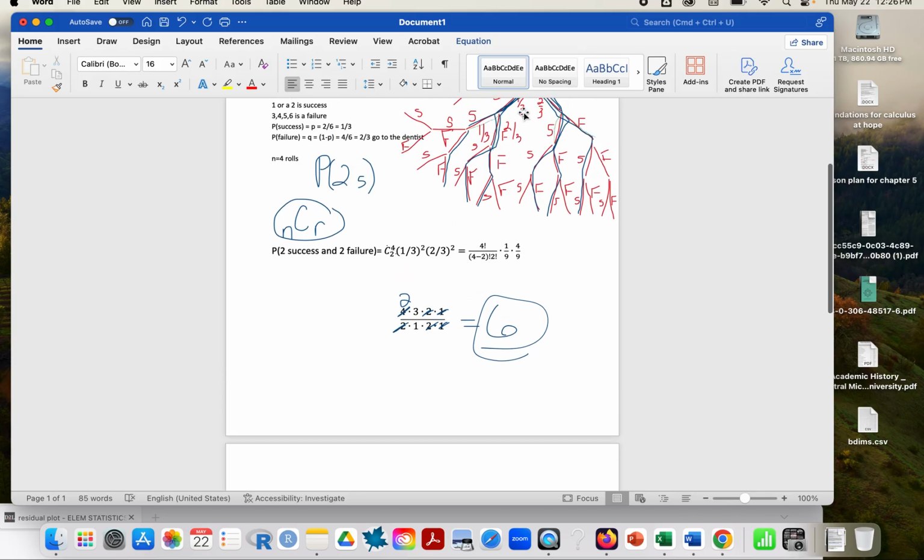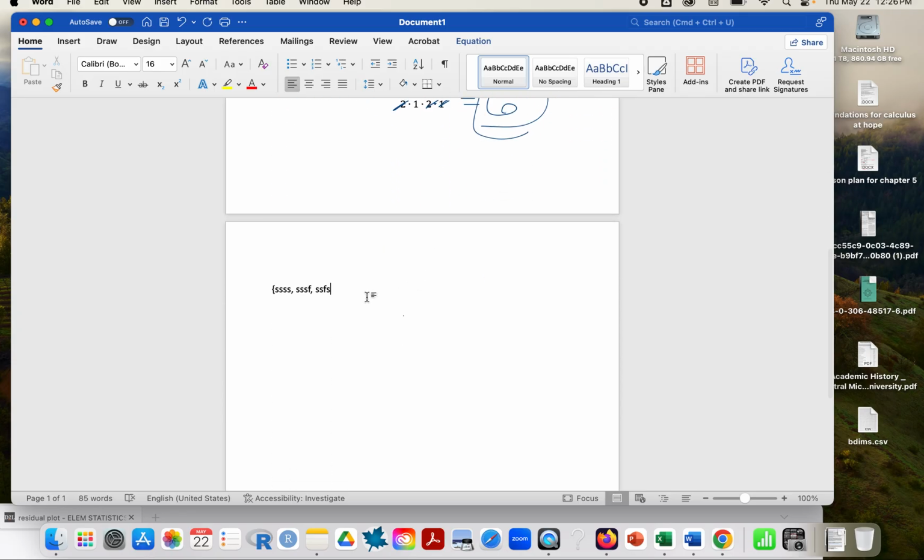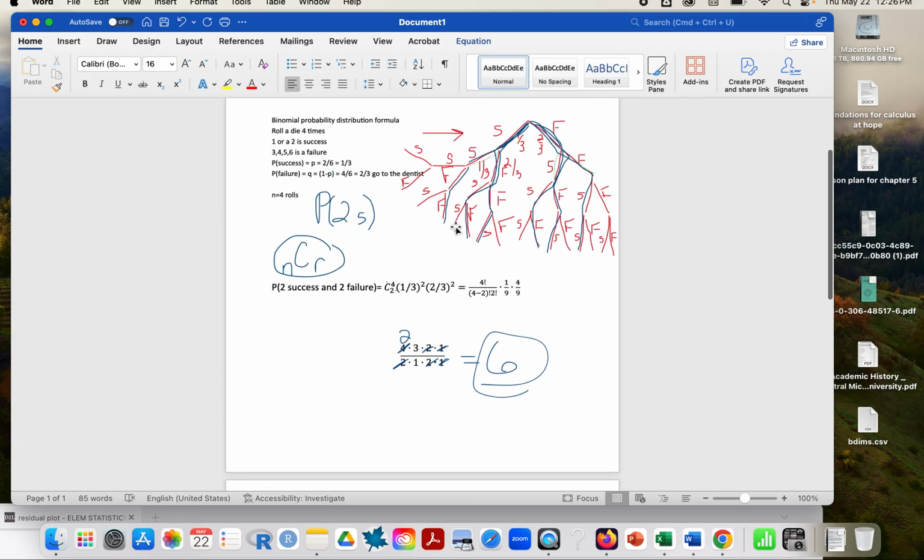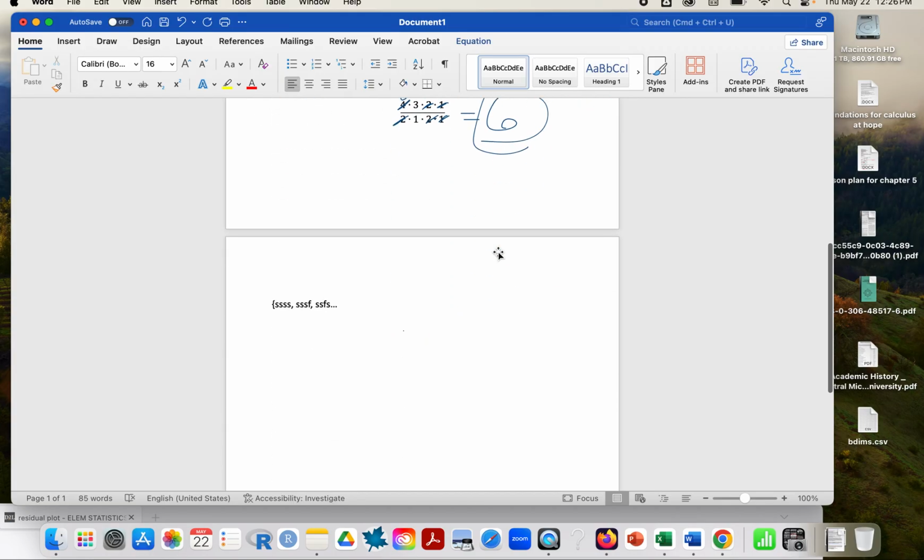So all I'm doing is I'm listing all of these possible paths that got generated. And so you just take the time and you follow each path. So success, success, success, success, success, success, success, failure, success, success, failure, success.